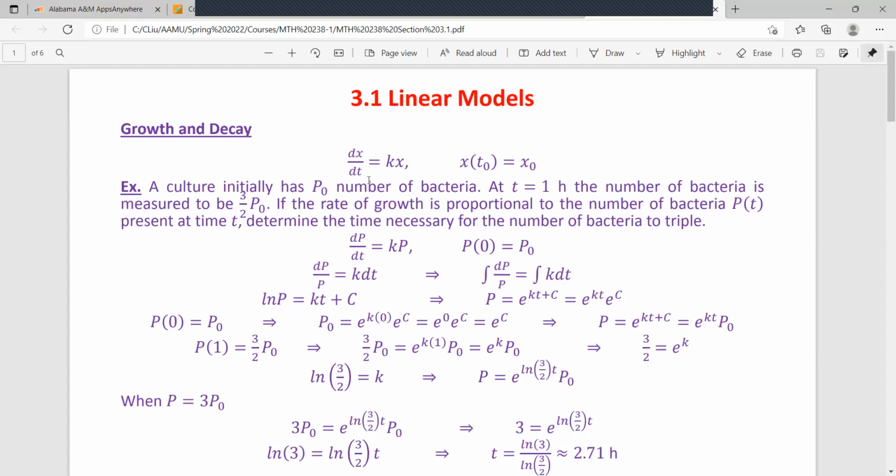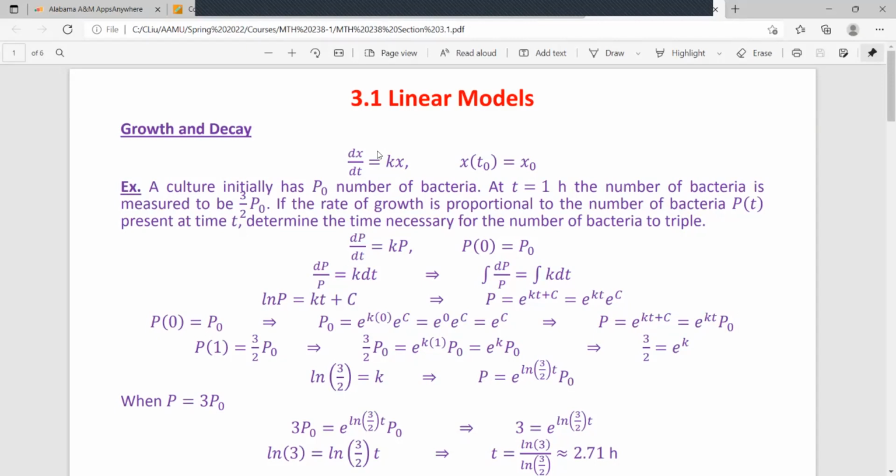Like the population, the rate of change of the population is proportional to the population itself, or the rate of decay of an isotope is proportional to the amount of the isotope. Here k is a constant that can be either positive or negative. And we know how to solve this simple differential equation.